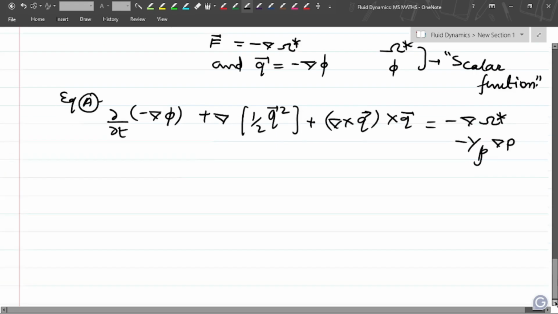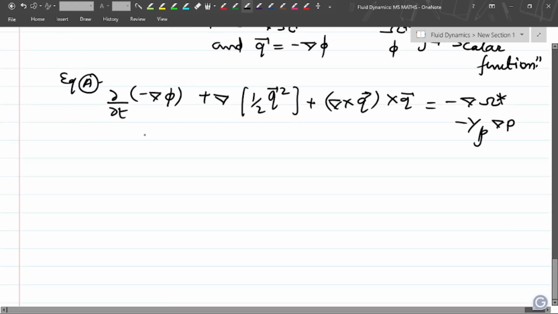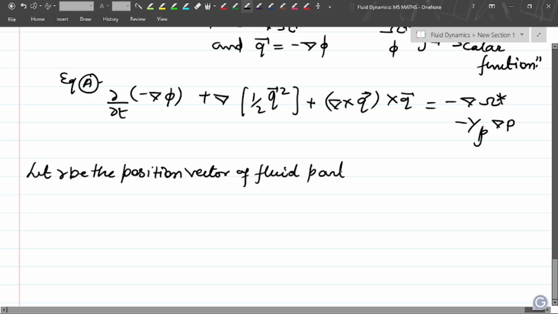Now we can write in this way: let r be the position vector of a fluid particle at time t.